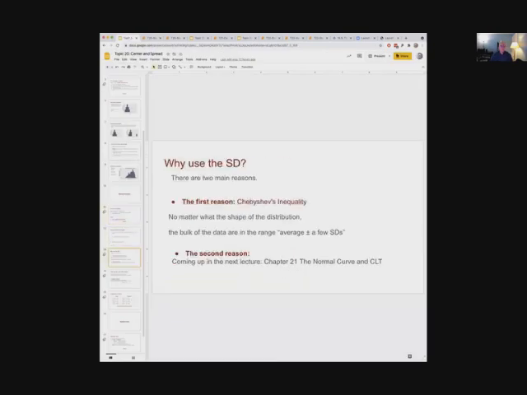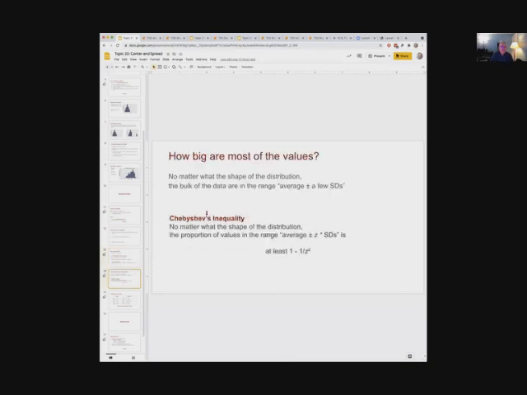All right, so why are we using the standard deviation? The big one is Chebyshev's inequality, okay? And we're going to talk about that next.